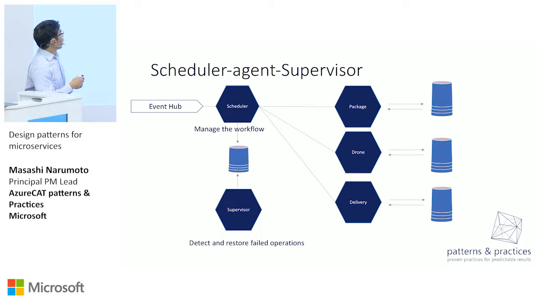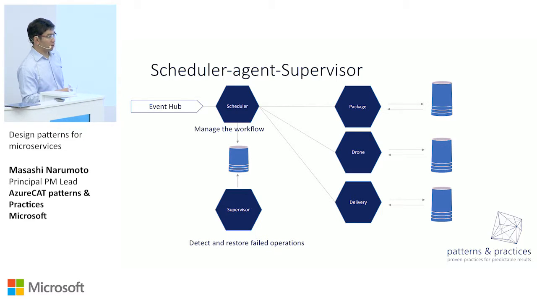So the scheduler takes care of happy paths, right? Just keep dispatching requests to the three services. Hey, here's a request, go do your stuff. And if something bad happens, then this guy will check if any failures happened, and will do some recovery process.